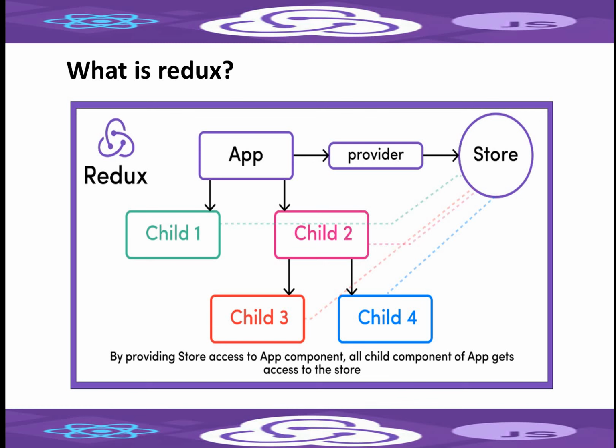So that is the beauty basically, right? And anywhere you can directly access the store. So that is the way we are going to implement Redux in your React application, only by providing access on the app container, app component, right?